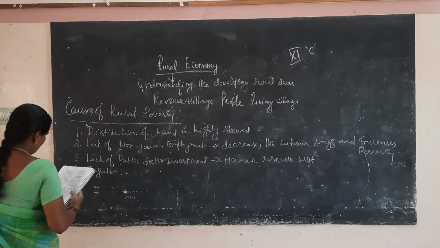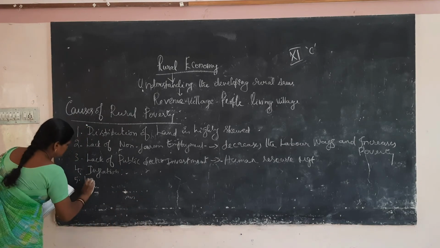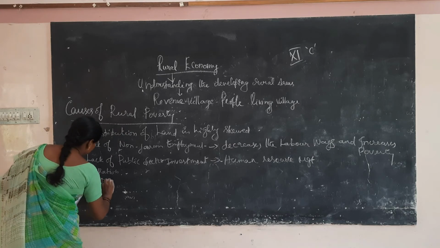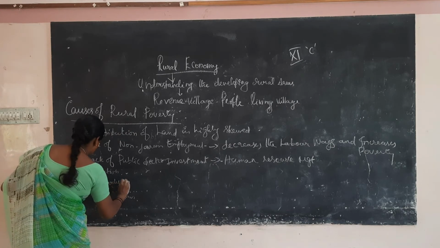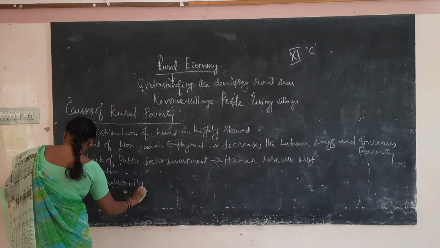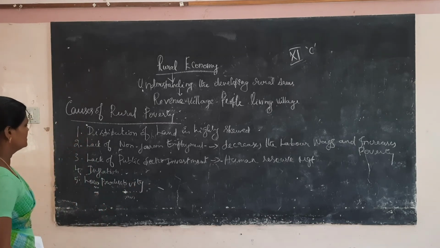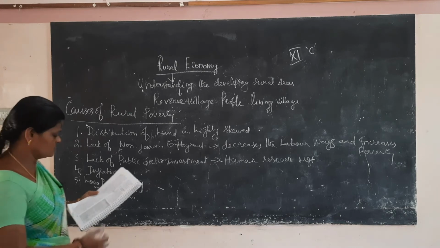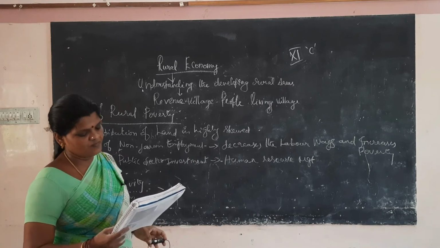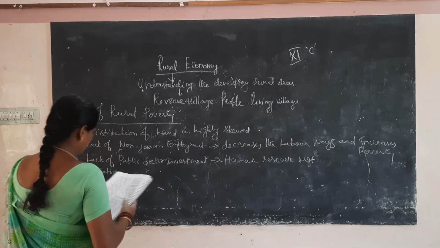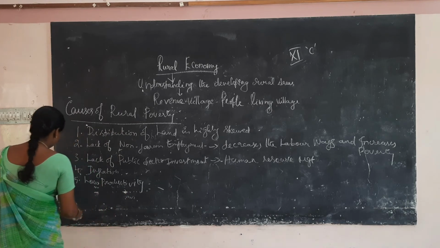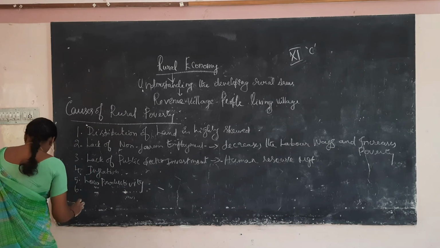Next one is low productivity. Low productivity of the rural people also leads to the effect of poverty. Next one, unequal benefit of growth.